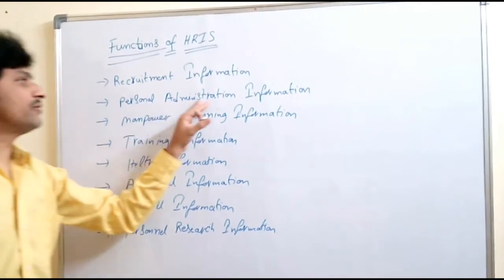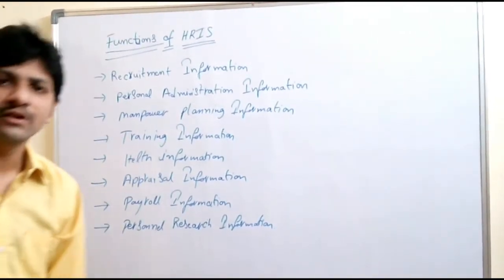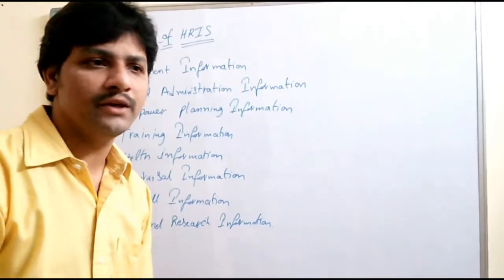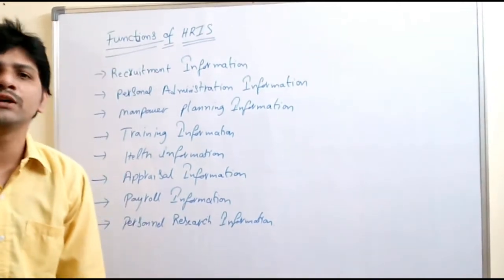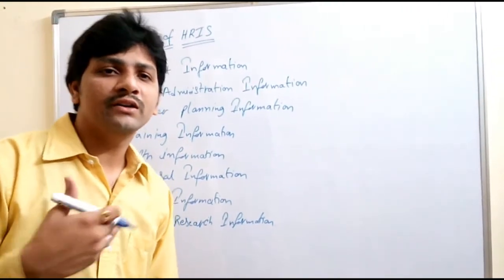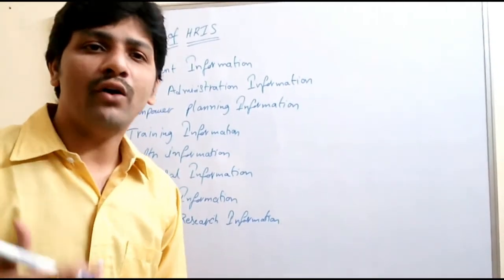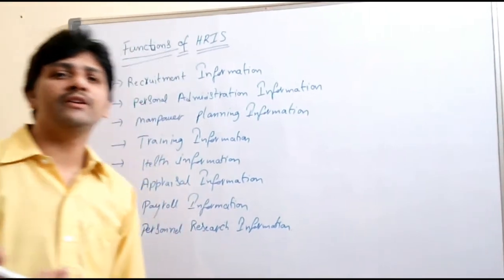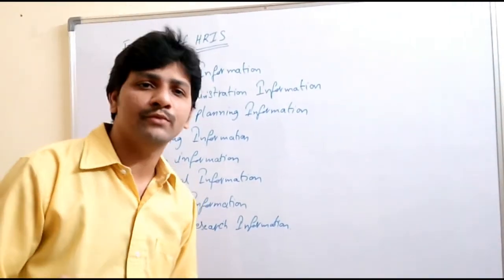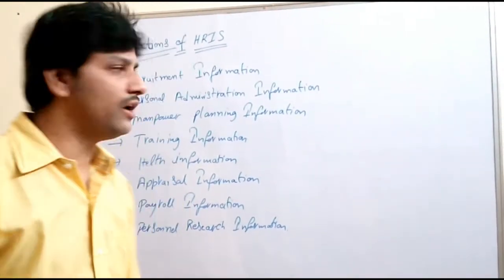So next, personal administration information. Personal administration information means all the employees of a particular organization come at a particular time and go at a particular time. What are his duties and what are his responsibilities, and which platform they are working on. So all these details are stored daily, and reports are made day wise, week wise and year wise also.